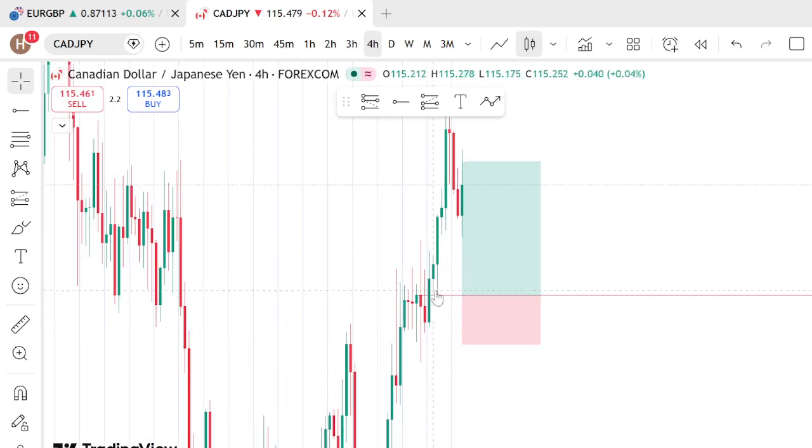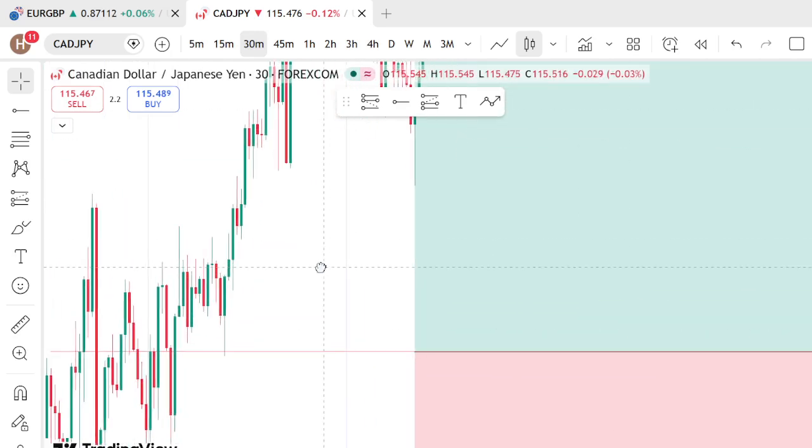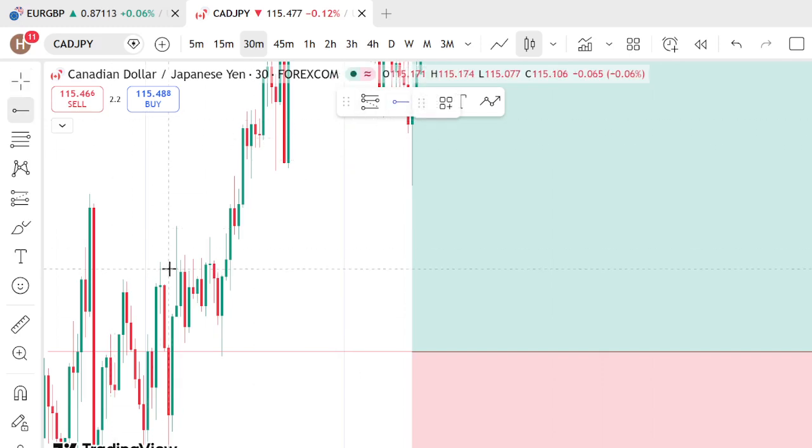But I got a re-entry, and the re-entry is basically a break of structure on the lower time frame. So on the 30 minutes time frame, I got this break of structure at this zone, and then my entry was around this area.